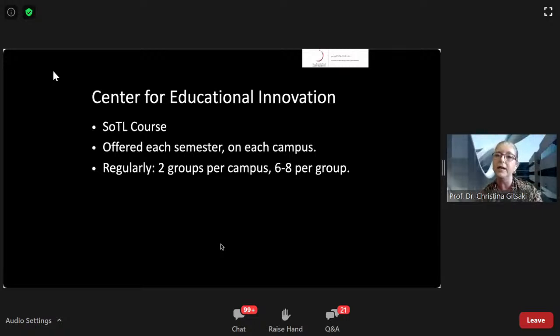So I will work with faculty to help them design the interventions, help them design the teaching materials that they will be using, help them design the data collection instruments to collect that evidence of learning from the students, and also guide them through the process of ethical clearance application at our university.